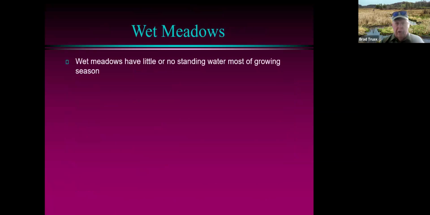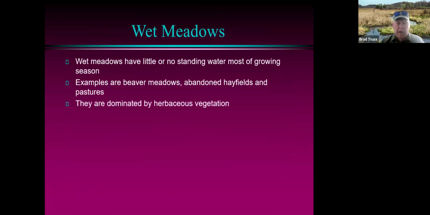Wet meadows have little or no standing water for most of the growing season. A classic example is the beaver meadow, but also abandoned hayfields or pastures might qualify for that definition. And again, wet meadows are dominated by herbaceous vegetation as opposed to a lot of woody vegetation.